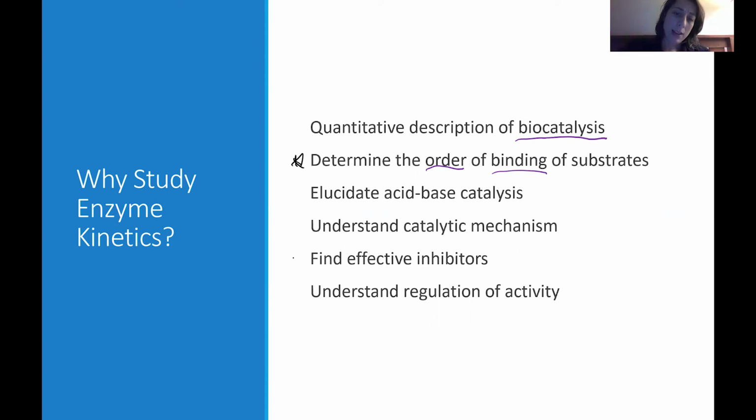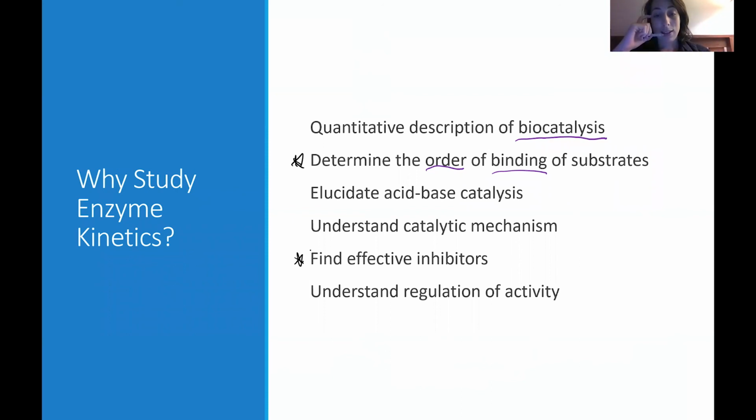We can also find very effective inhibitors. Sometimes we want to inhibit things. Sometimes we want a substrate that is going to mimic a normal substrate of an enzyme. So being able to understand how the rate of an enzyme changes if you have an inhibitor, if it is an effective inhibitor or not. These are important.